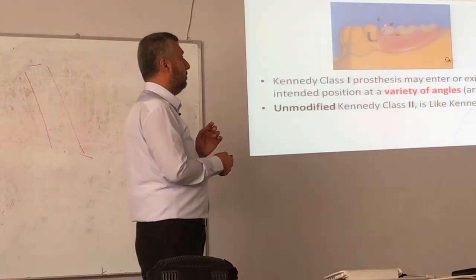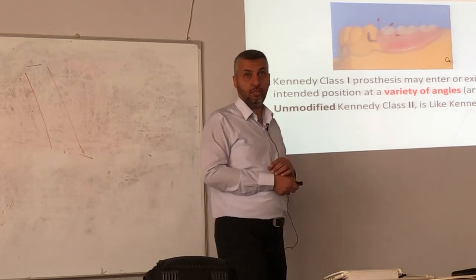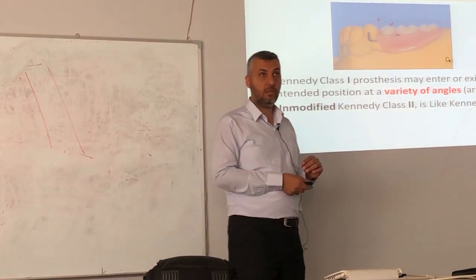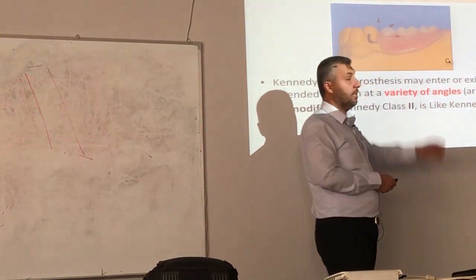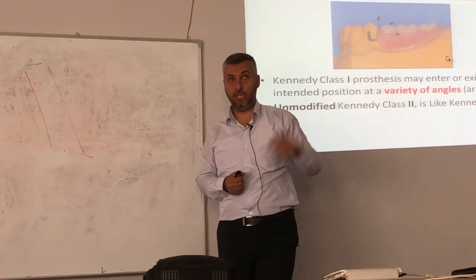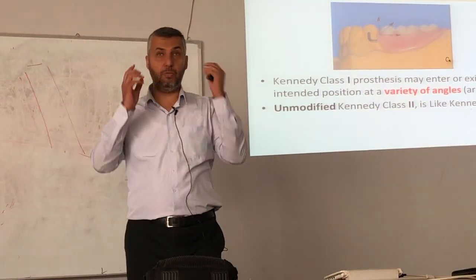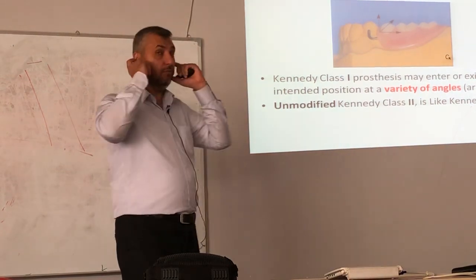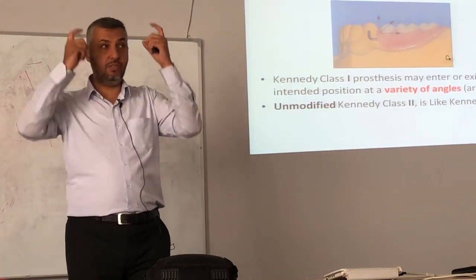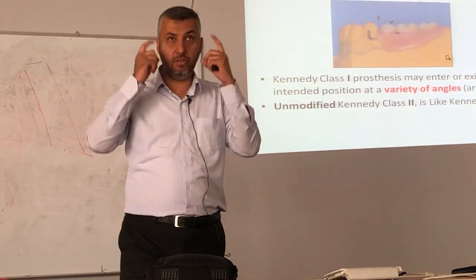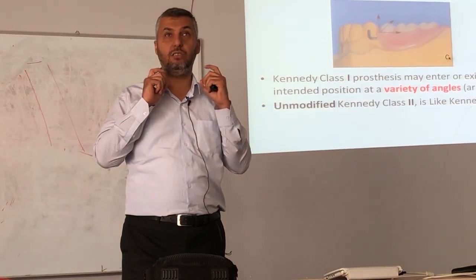What we have to do, sometimes we have several paths of insertion. For example, in case of free ends, the patient can insert the denture from posterior to anterior, vertically, or anterior to posterior.